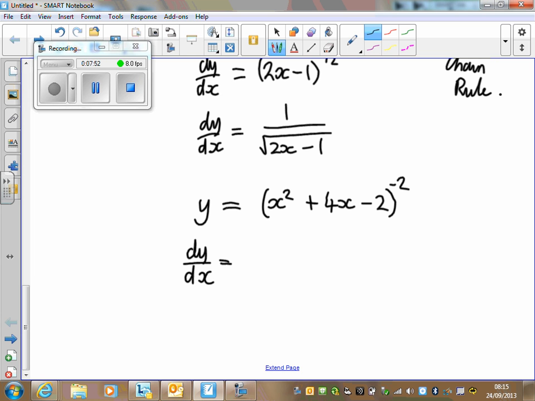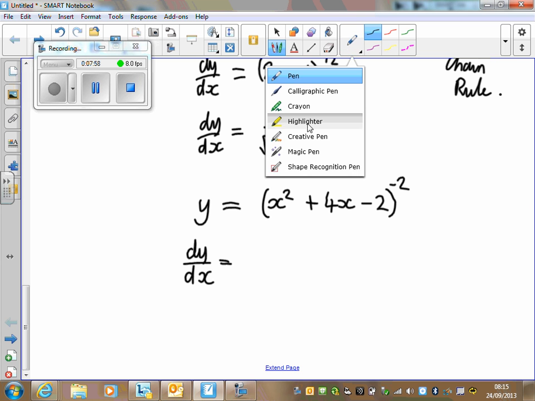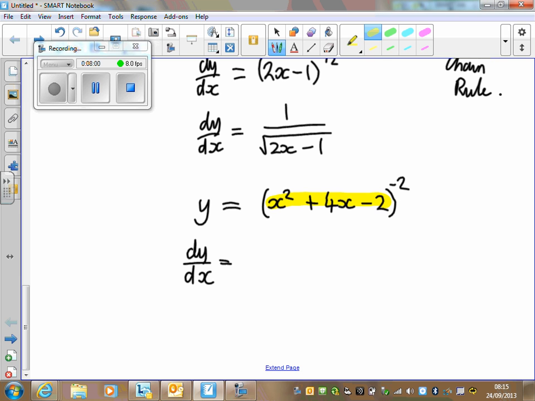Now, eventually you'll be able to do these by inspection. dy/dx. Here we have something, and if I get my highlight, this is our something. Our something is to the power of minus 2.